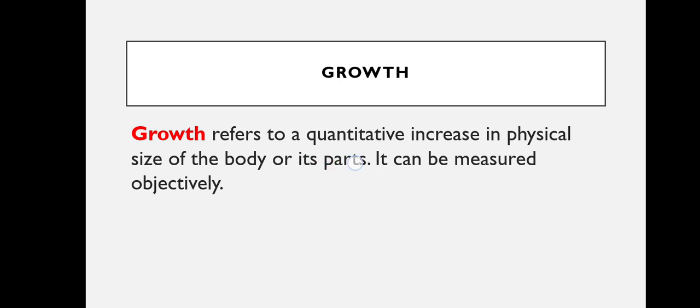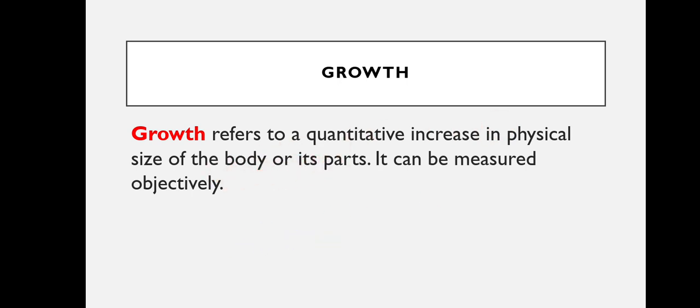We are looking at quantitative. Quantitative means numbers, increase in numbers of the cells, numbers of tissues, numbers of maybe blood. If the child is little, even blood is little. Increase in physical size of the body or its parts, that is what we call growth.